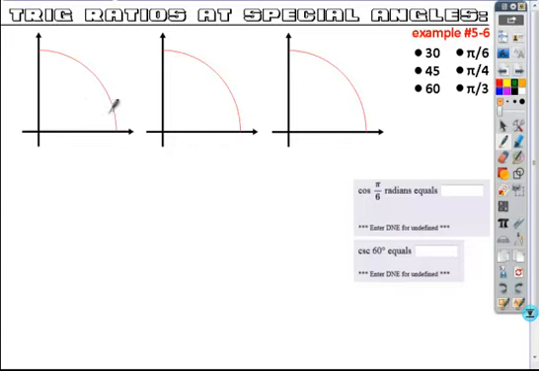So let's start with a 30-degree angle. If we look at this 30-degree angle, remember we're dealing with a unit circle, so the radius is 1. If you recall from geometry, the 30, 60, 90 triangle has a pattern of x, 2x, x root 3. So x, the side opposite 30 degrees, is always half the hypotenuse.